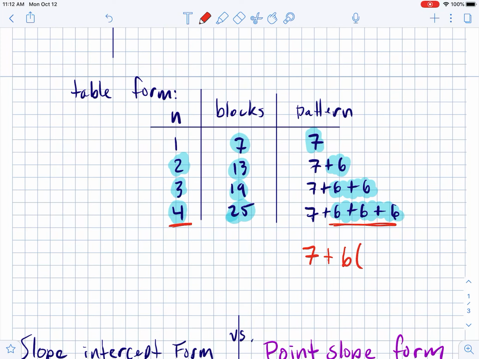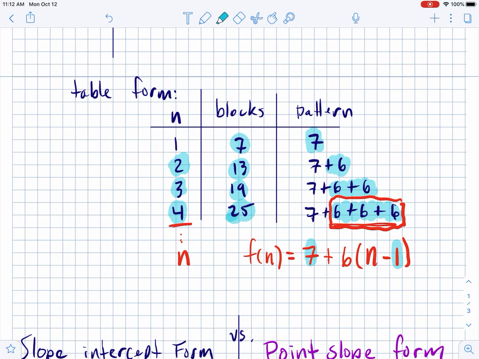Plus the common difference. But this part is always 1 behind the n value, so it would be n minus 1 right here. This is an alternative form of the equation.